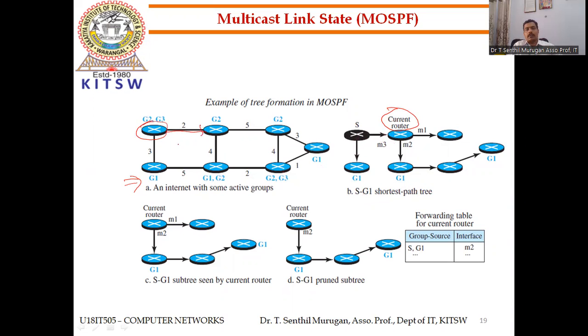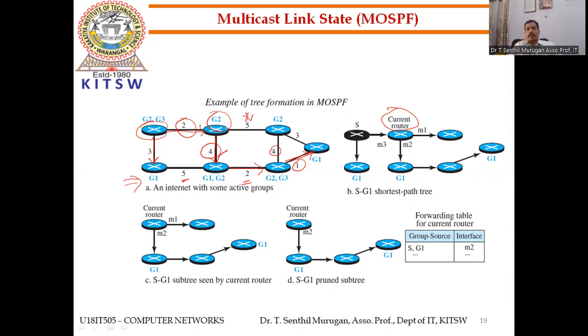This is one direction, this is another direction. It will connect the minimum value, 2. Then it will start from the G2 router. In this router, this is the minimum compared with 5, so it will come here. After reaching here, it will identify this is 5, this is 2, so the link will be established here. Once it has reached there, out of the comparison, this is 4, this is 1, so the link will be connected here.